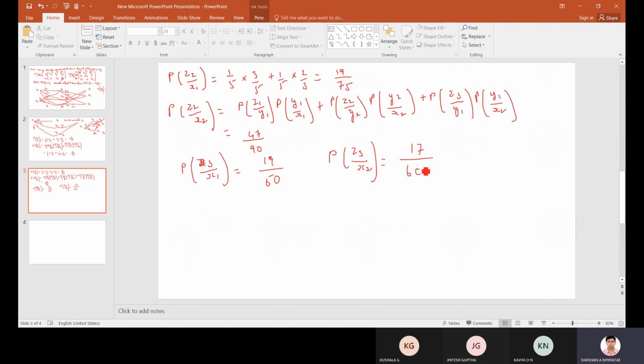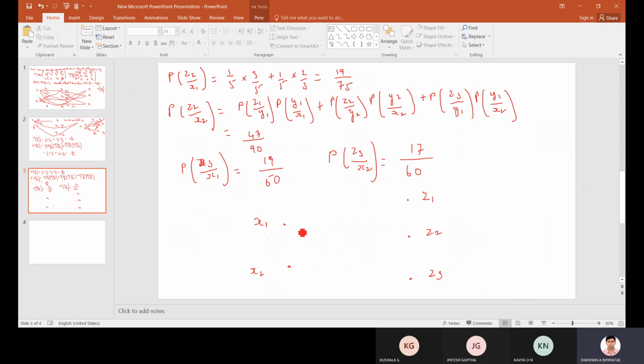Okay, the next is you have to draw the channel diagram for this. This is X1 and X2, and this is Z1, Z2 and Z3 here.